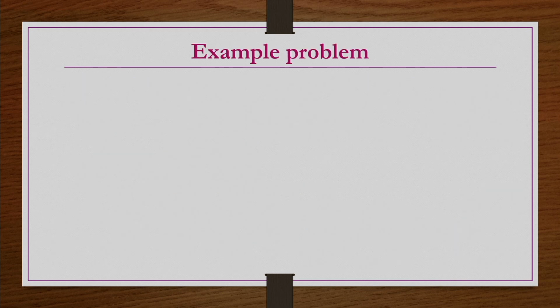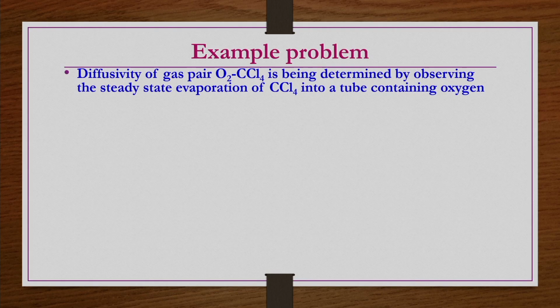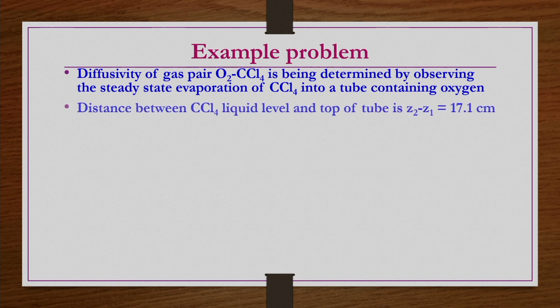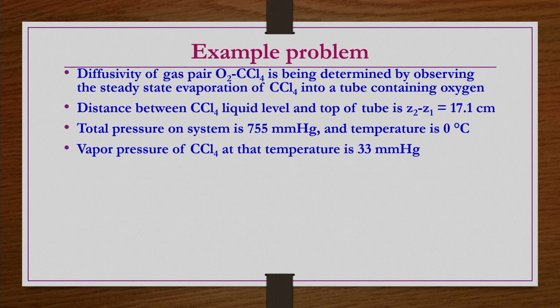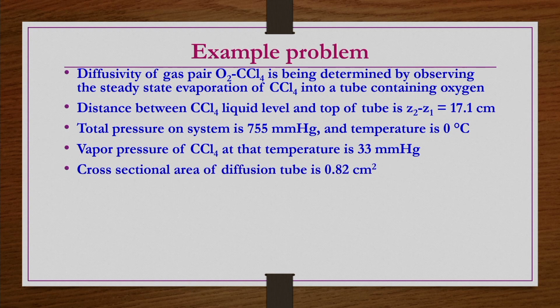Now, we wind up today's class with a simple example problem using the previous expression that we have derived, diffusion through a non-stagnant gas film. The diffusivity of the gas pair O2 and CCl4 is being determined by observing the steady state evaporation of CCl4 into a tube containing oxygen. The distance between the liquid level and the top of the tube is 17.1 centimeter, that is, Z2 minus Z1 is given. The total pressure, temperature, vapor pressure of CCl4, and cross section area of the diffusion tube, 0.82 centimeter square, are given.